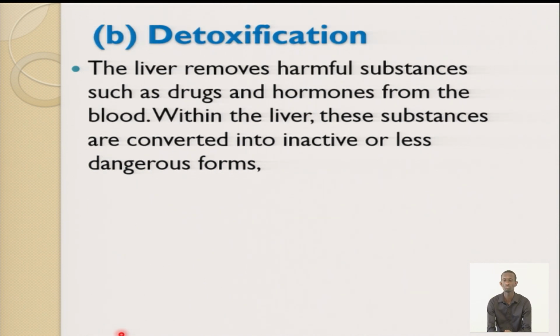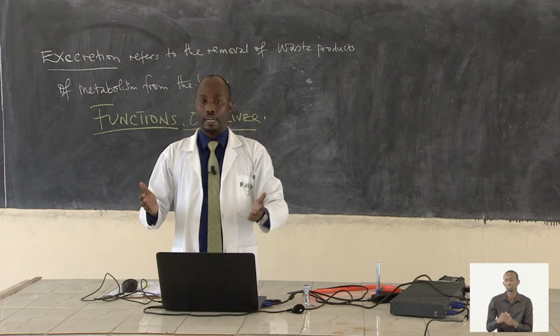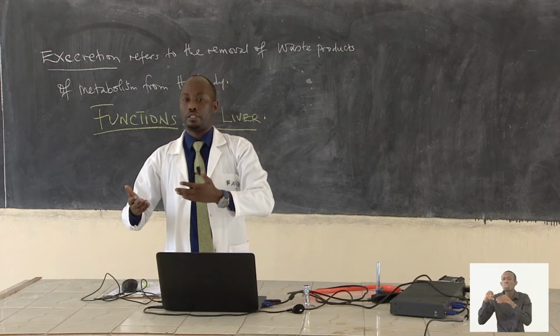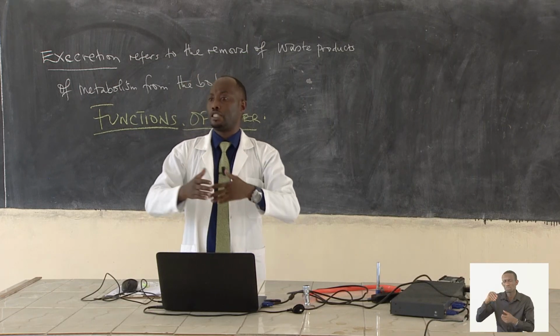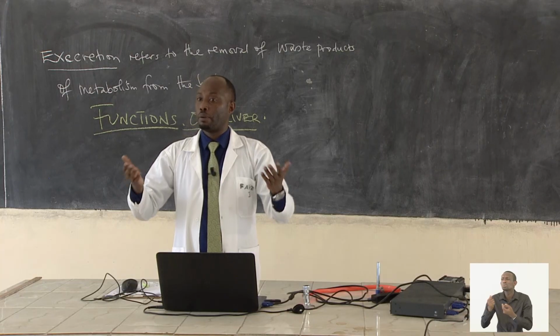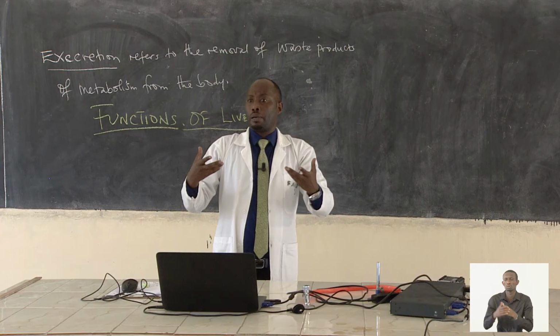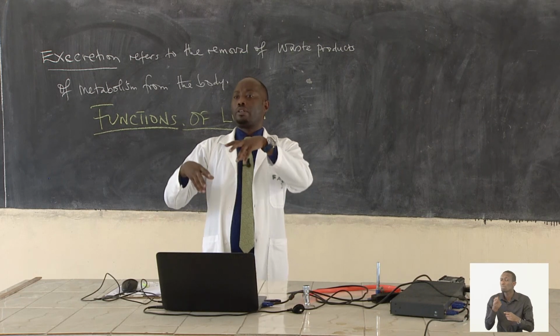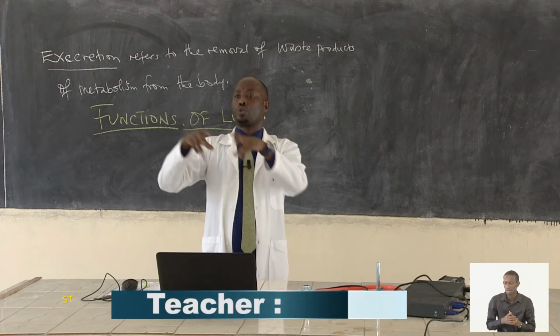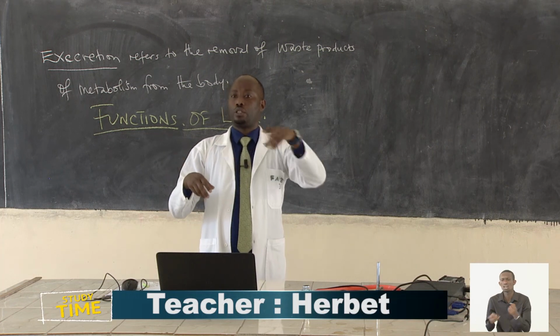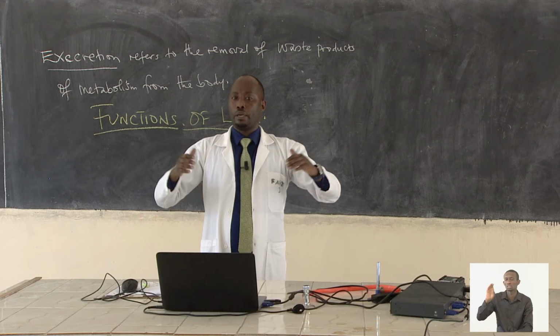I have another one which is called detoxification. The liver also does the function of detoxification. Toxic substances have to be removed by the liver. The liver removes harmful substances, which can be drugs or hormones from the blood. You can take drugs and they become too much in your body. The liver has to remove those drugs from the body by detoxification.